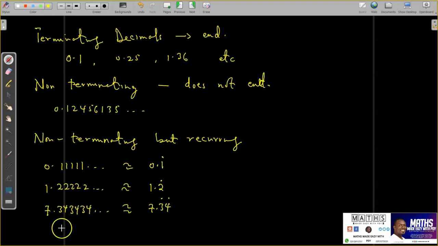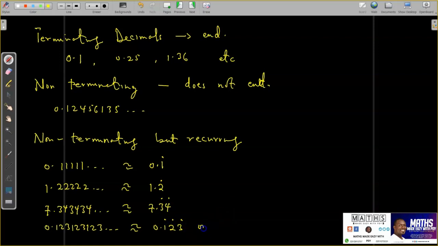Then I may also have three digits recurring, which is, let's say, 0.123123123 to infinity, whereby we can write this as 0.1, 2, and 3 with a dot on top of each number which is repeating.